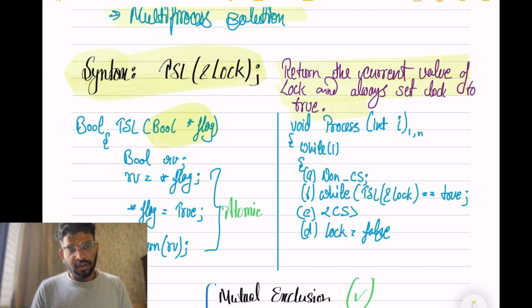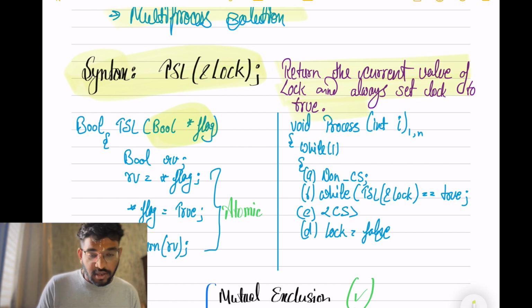What TSL does is return the original value and set the value to true. Initially the lock variable is false, so when TSL is applied to a false variable, it returns the original value false and sets the new value to true. If any other process wants to do the same thing, it will return true and set true. So lock is always set to true.